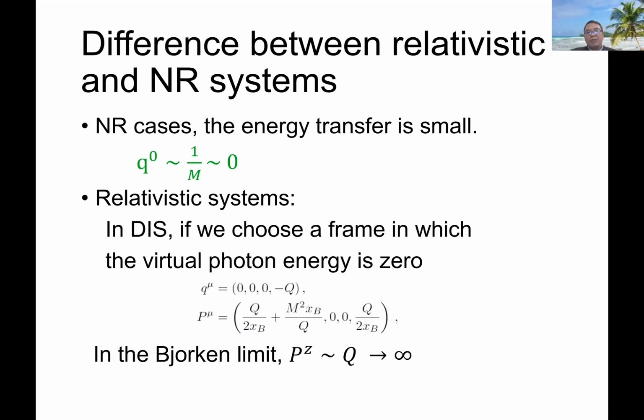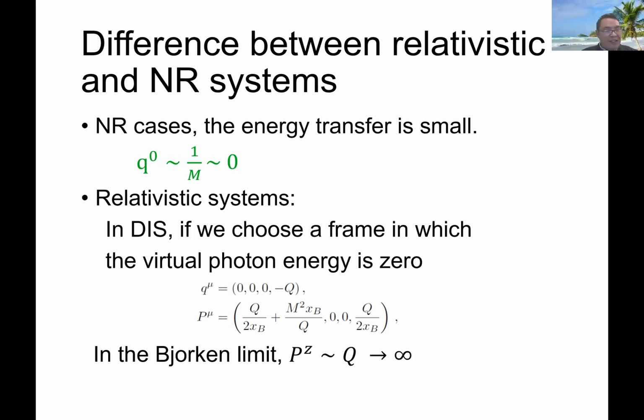Now, what is the difference between relativistic and non-relativistic systems? In non-relativistic systems, like in condensed matter or atomic physics, the energy transfer is very small, because the energy transfer is related to the kinetic energy difference, and the kinetic energy is proportional to 1 over the mass.